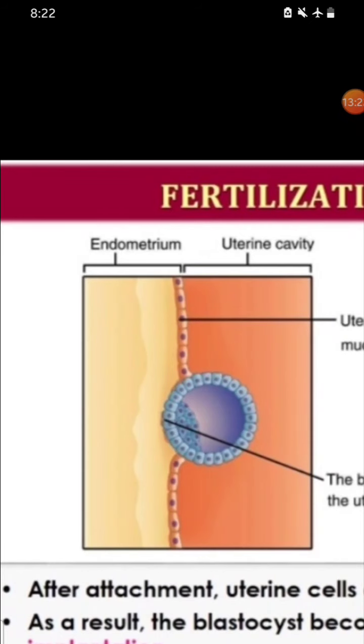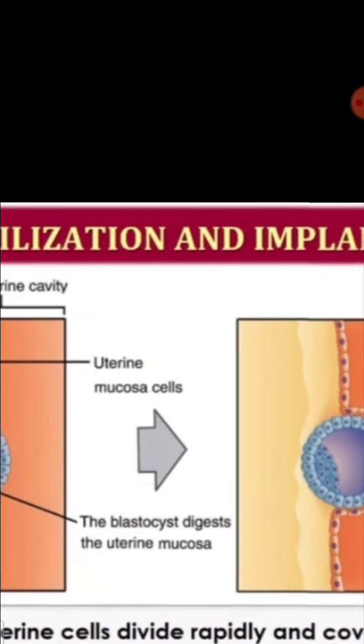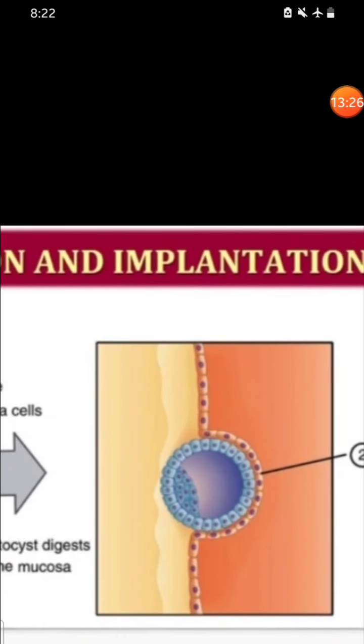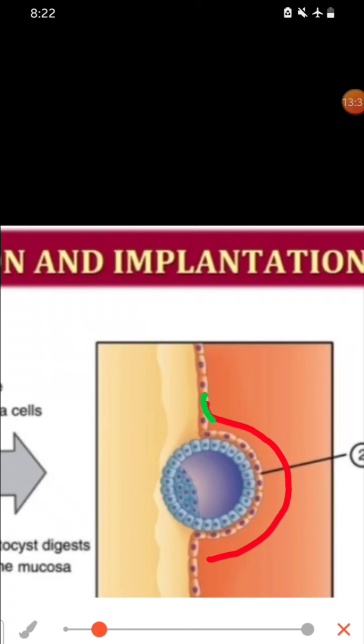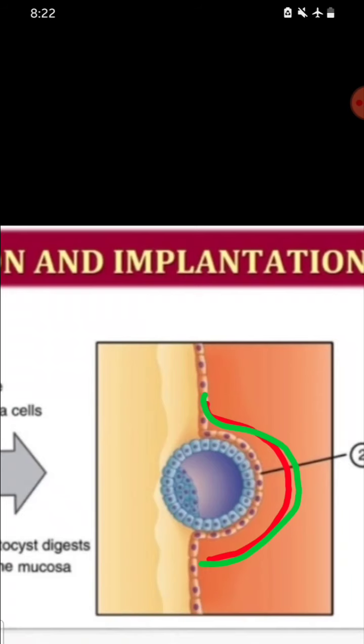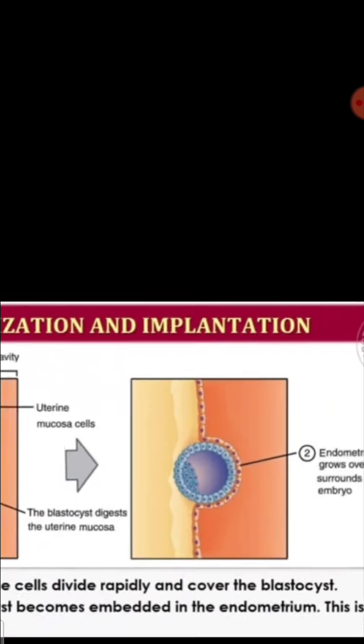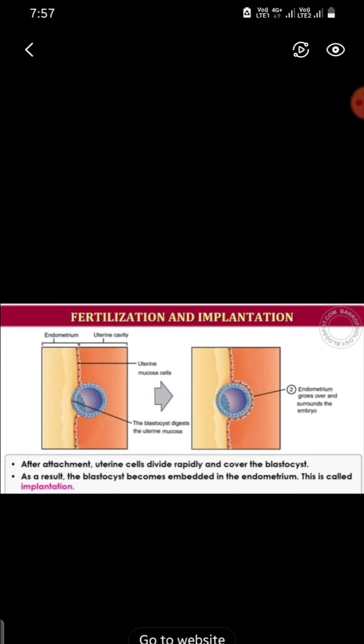After getting attached, the uterine wall is covering the zygote. So the uterine wall rapidly covers the blastocyst. As a result, the blastocyst looks like it has embedded in the endometrium. This we call implantation.